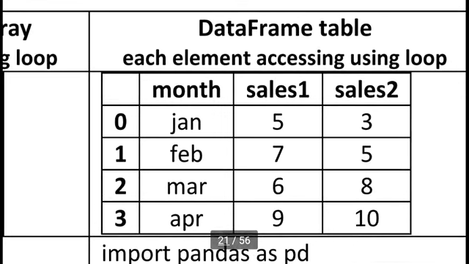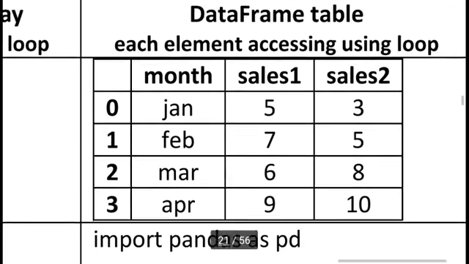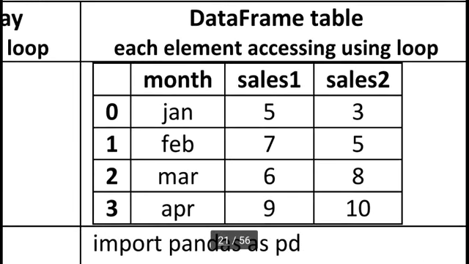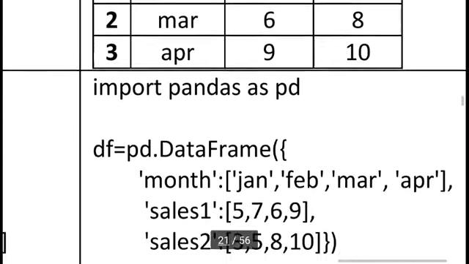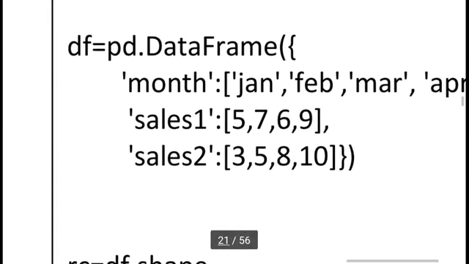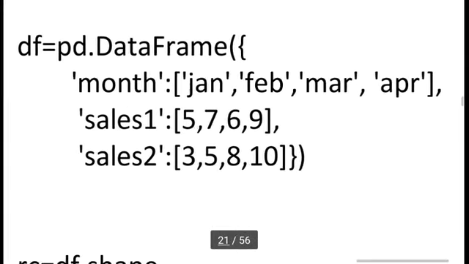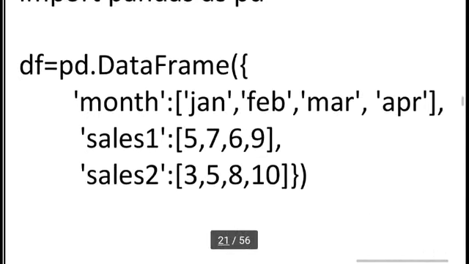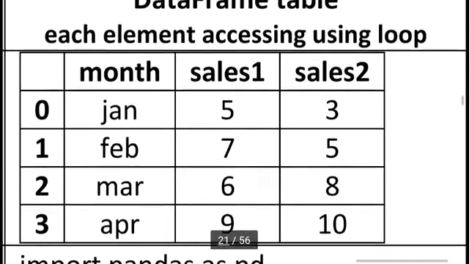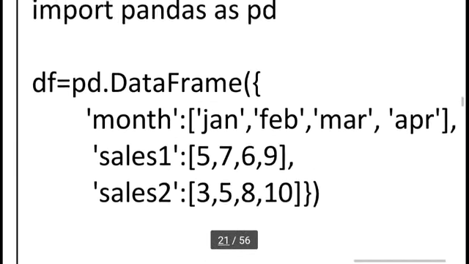We cannot store this data in a numpy 2D array because a numpy 2D array, according to its name, holds only numerical values. So this is a limitation that is overcome by the data frame. So you can say this is our table. I want to store this data in a data frame. We already know pd.DataFrame: month Jan, Feb, March, April, and this is our sales 1 and sales 2. This we know very well.